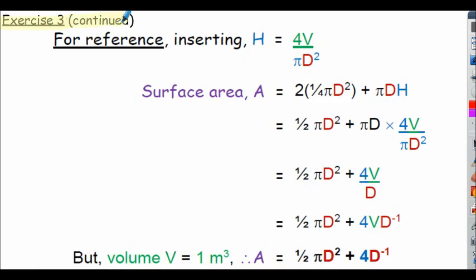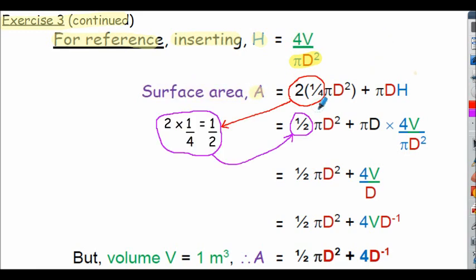Exercise 3, solution continued. Here's a more detailed slide purely for reference, showing how we inserted our expression for H, shown here of 4v divided by pi d squared, into our surface area formula, A here. Just note 2 multiplied by a quarter, with a quarter shown here, is equal to a half, where the half is derived from here.